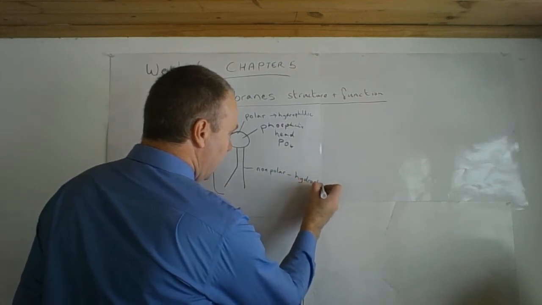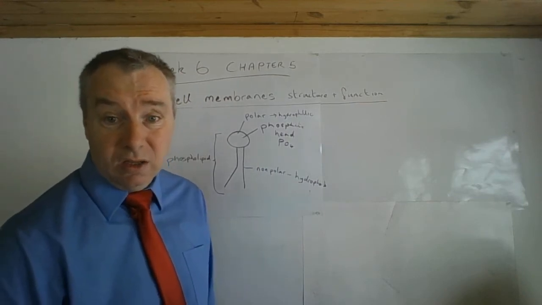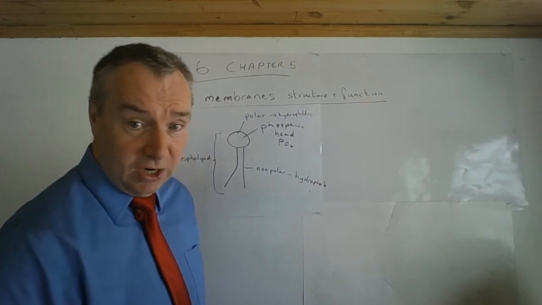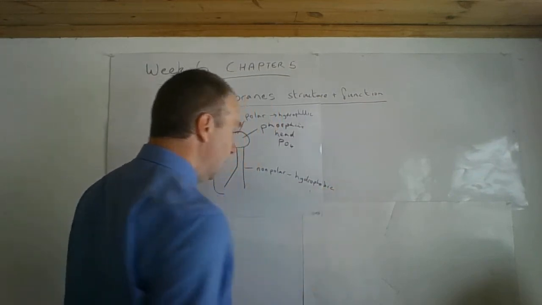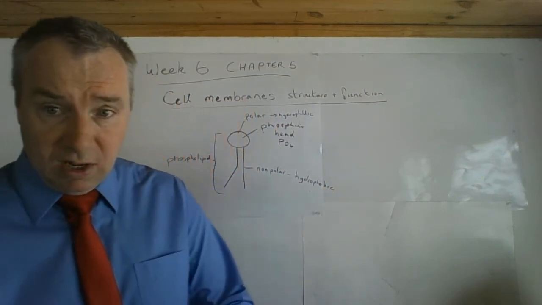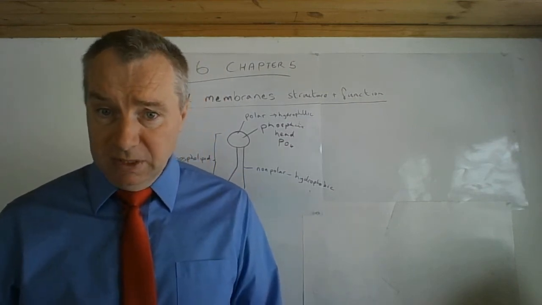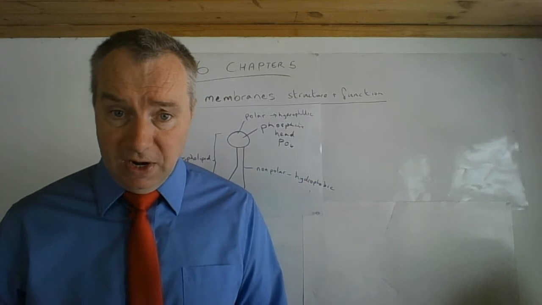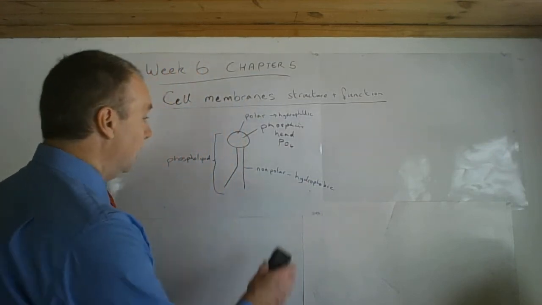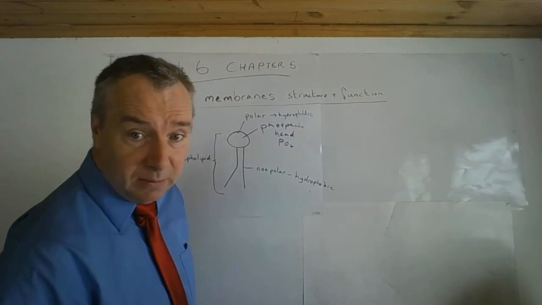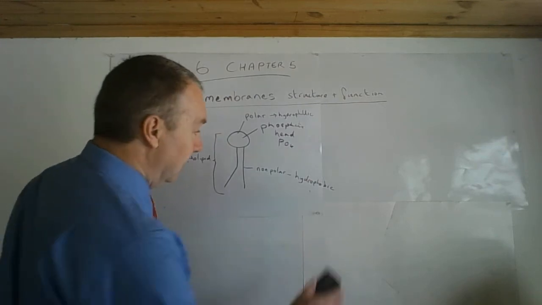And you should know that right away because it is a lipid, and lipids are generally non-polar and they're generally hydrophobic. Hydrophobic means, when you think of phobia, we think of fears of something. So hydrophobic means afraid of water or not liking water. So that's one phospholipid, and now we're going to see what the cell membrane looks like.